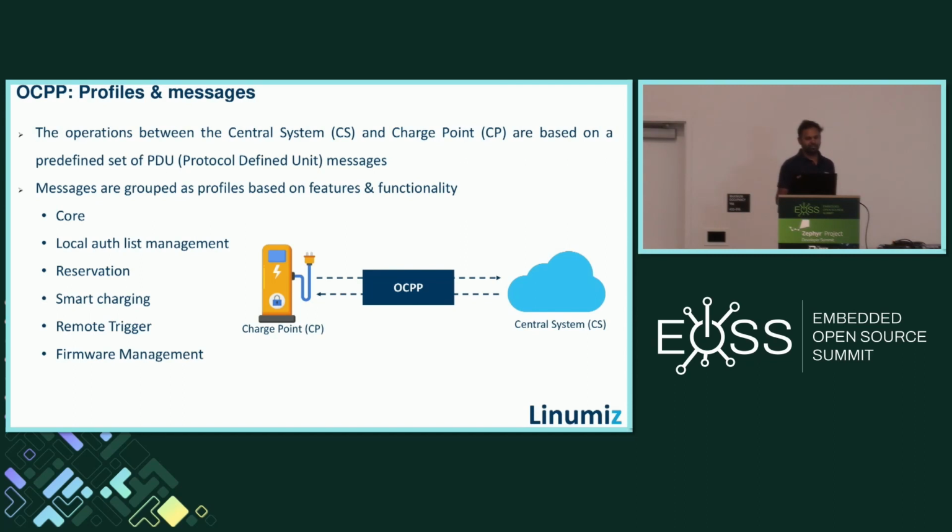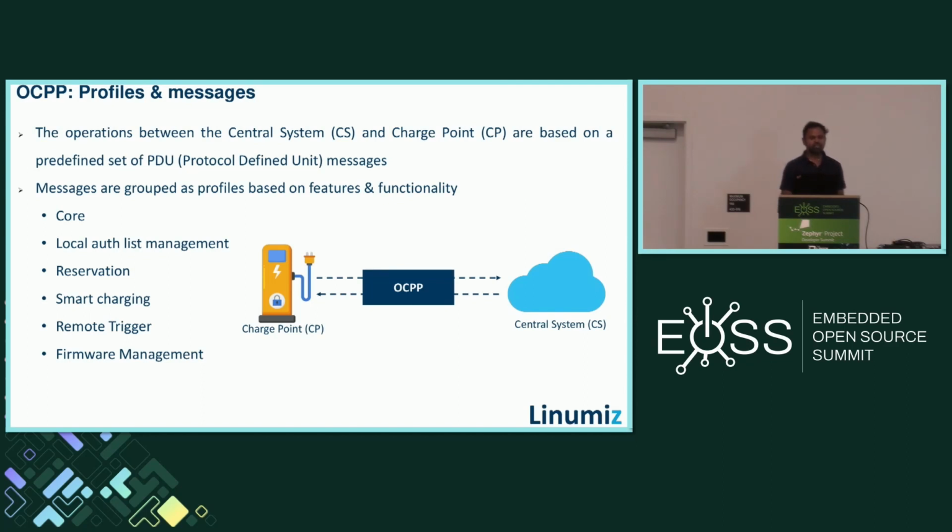We are not going to see all those messages because of time constraints, but these messages are grouped into profiles based on features and functionality. Here is the list of profiles supported by version 1.6.